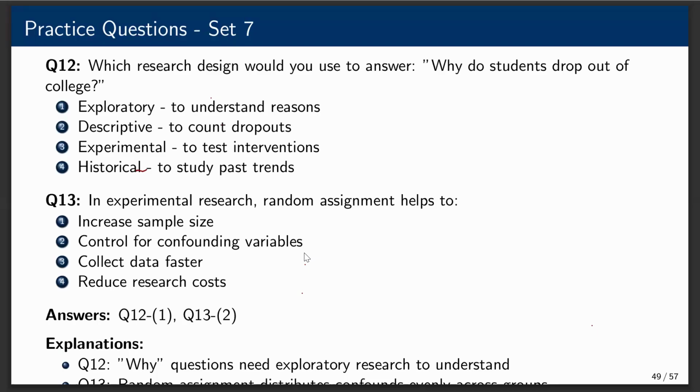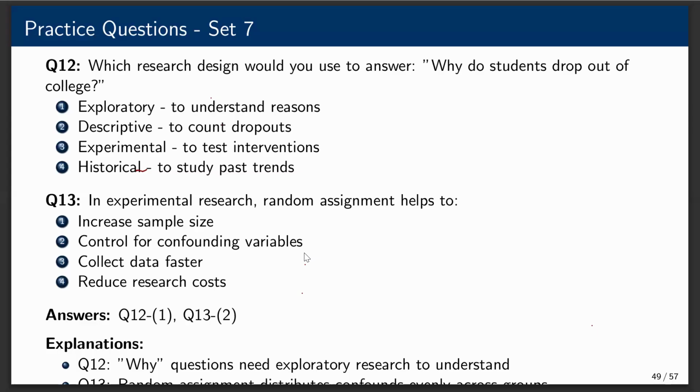Which research design would you use to answer: why do students drop out of college? Exploratory to understand reasons, descriptive to count dropouts, experimental to test interventions, historical to study past trends. We need to understand the reasons, right?